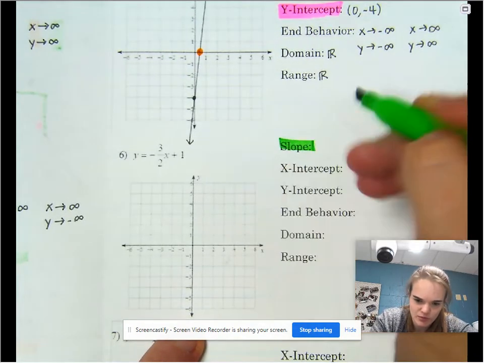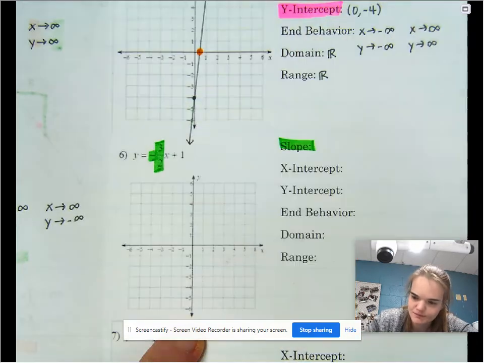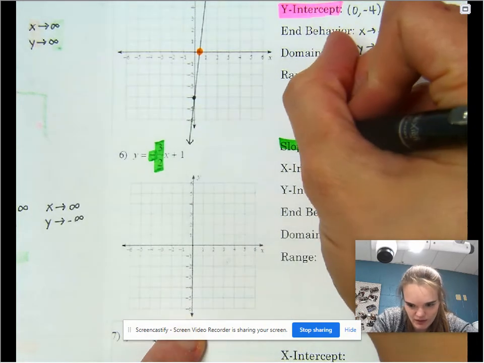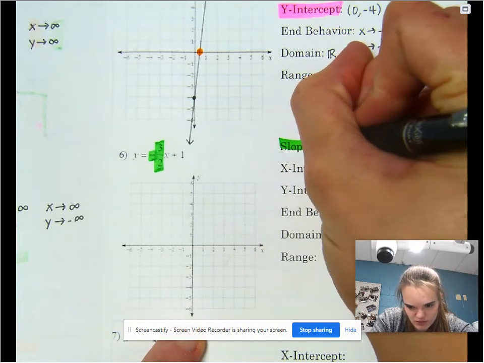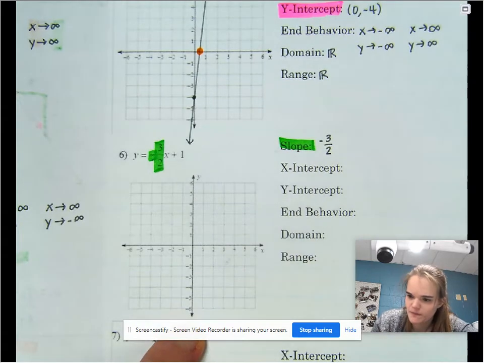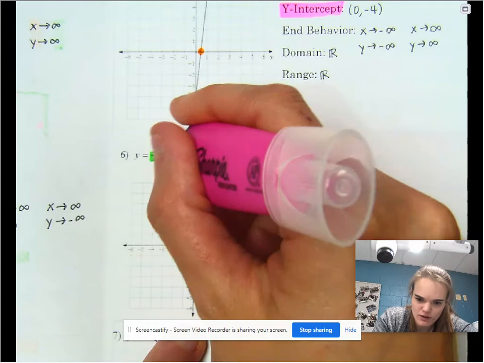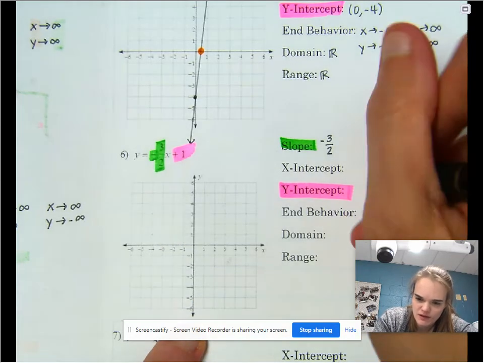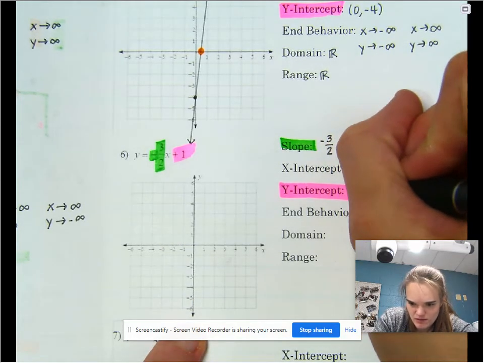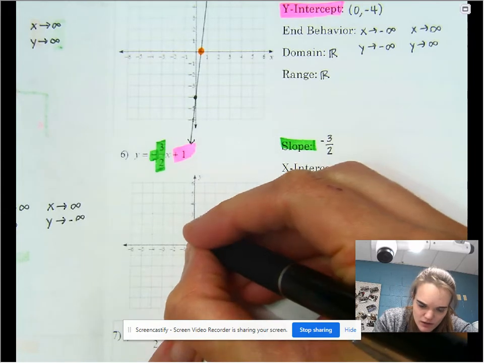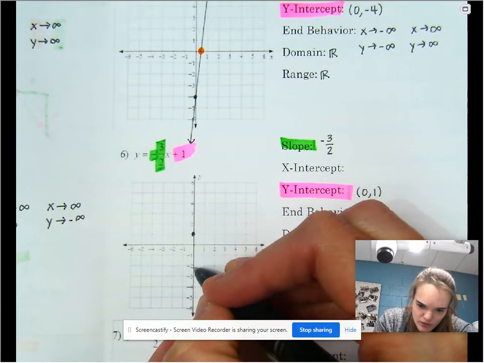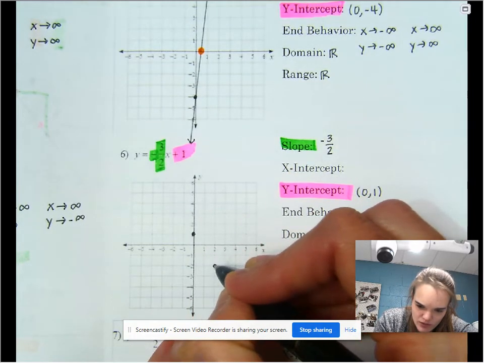Number 6, slope, -3 over 2. Y-intercept is 1. Down 1, 2, 3 over 1, 2.